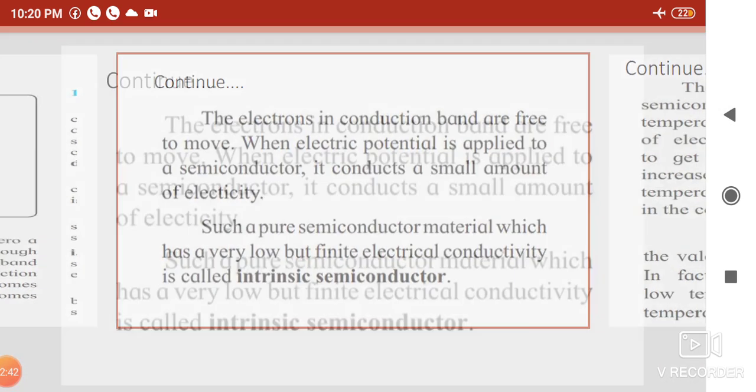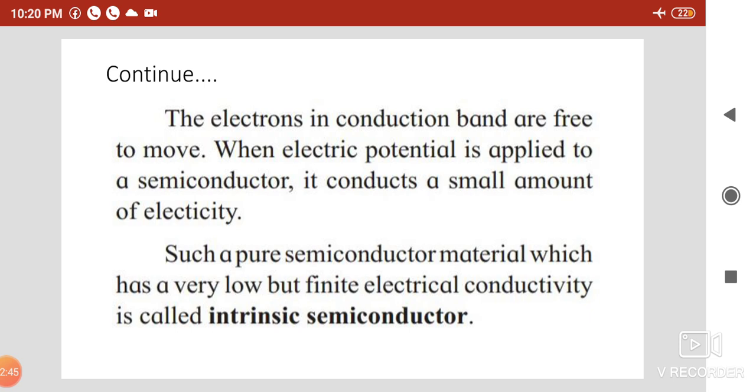The electrons in the conduction band are free to move, and when an electric potential difference is applied to the semiconductor, it conducts a small amount of electricity. Such a pure semiconductor material which has very low but finite electrical conductivity is called an intrinsic semiconductor. A pure semiconductor does not contain any impurities, but it conducts electricity in small amounts. That type of semiconductor is called an intrinsic semiconductor.